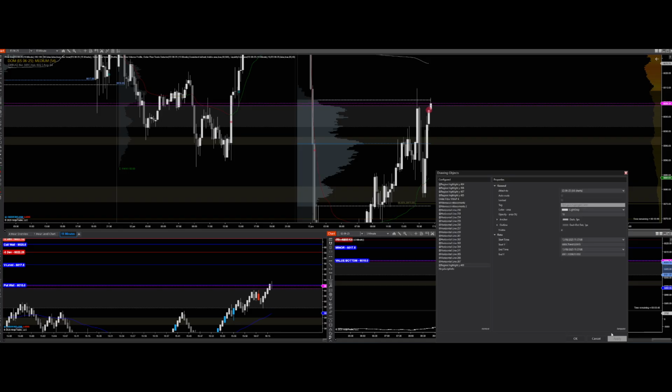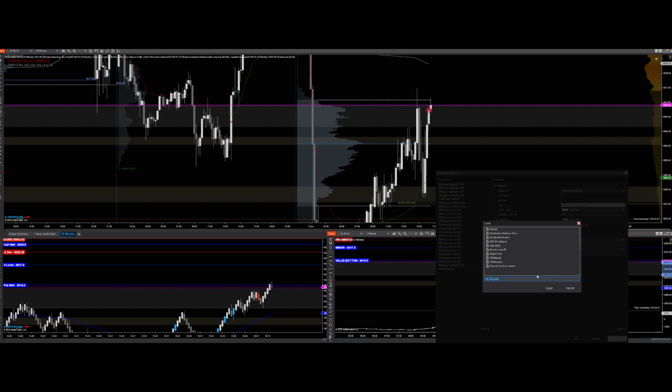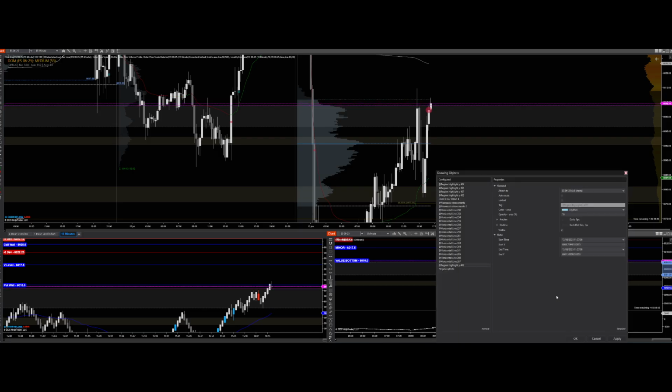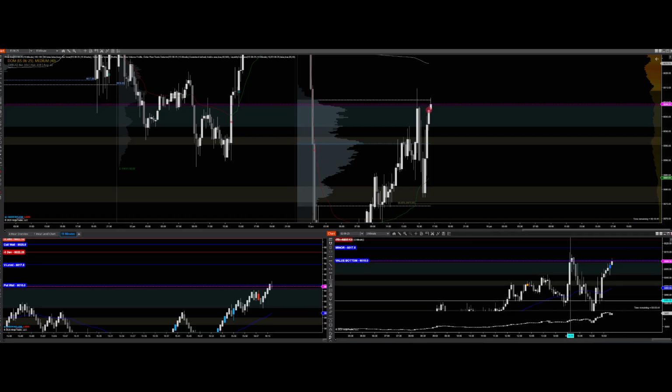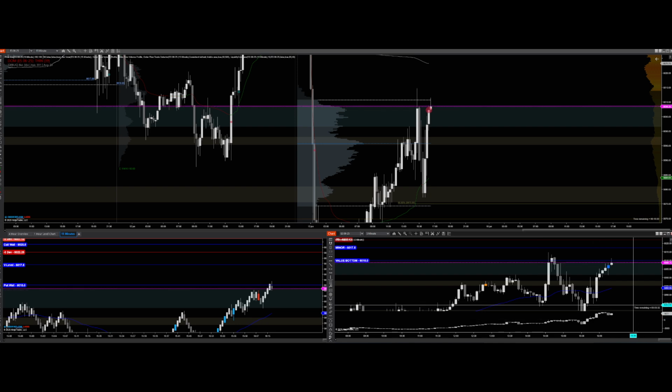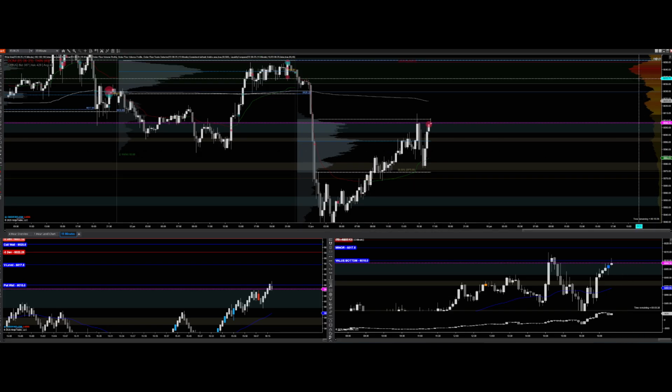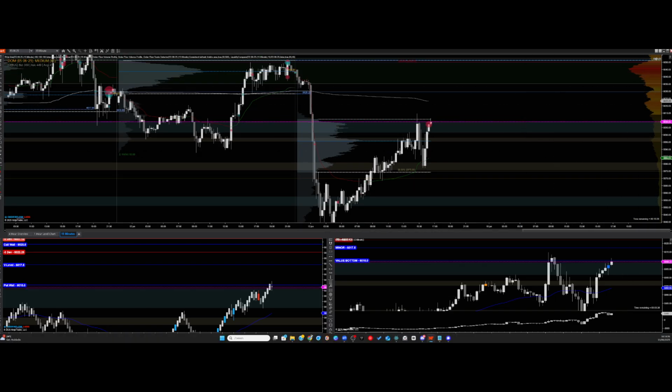Let's do a VOMA accumulation. Nice blue level. Right there. Very nice. Let's see how it reacts to this on a retest.